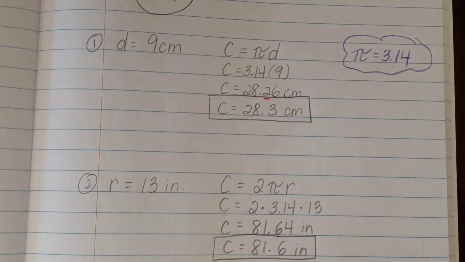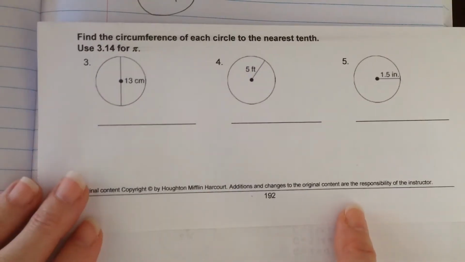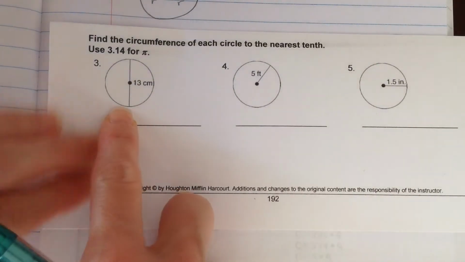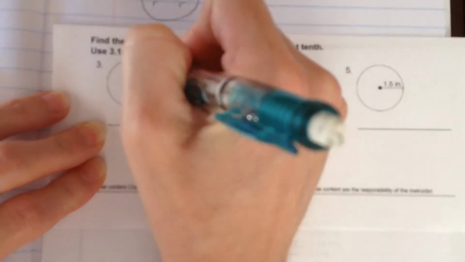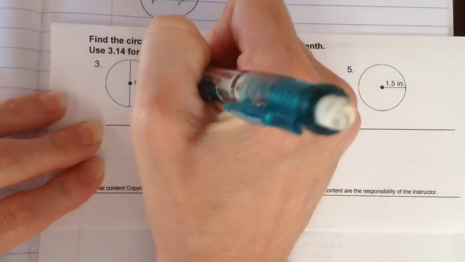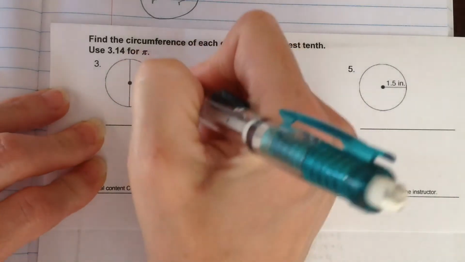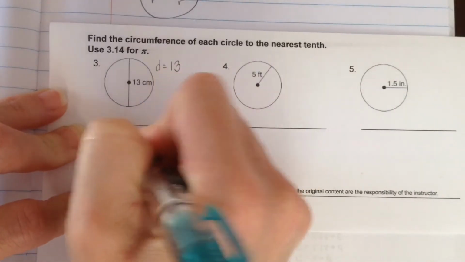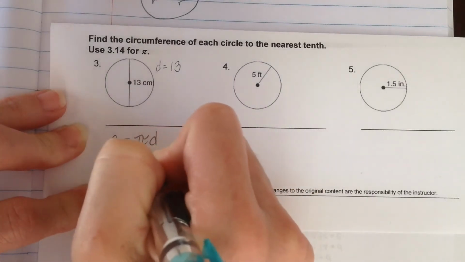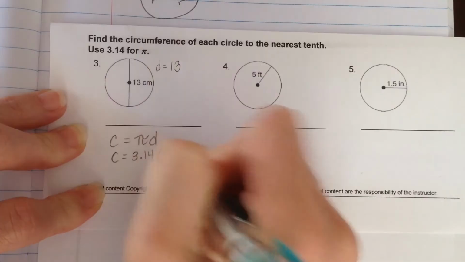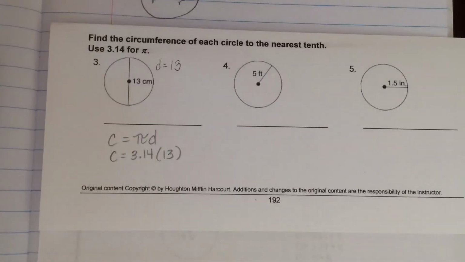All right, let's look at a couple of problems that are circles. So there I gave you the value. Let's look here. All right, on this example here, we are given 13. 13 is the distance all the way across it. So for this problem, this means that diameter is equal to 13. So that means I'm going to use the formula circumference equals pi times diameter, which means I'm simply going to do 3.14 times 13. 3.14 times 13 in my calculator.